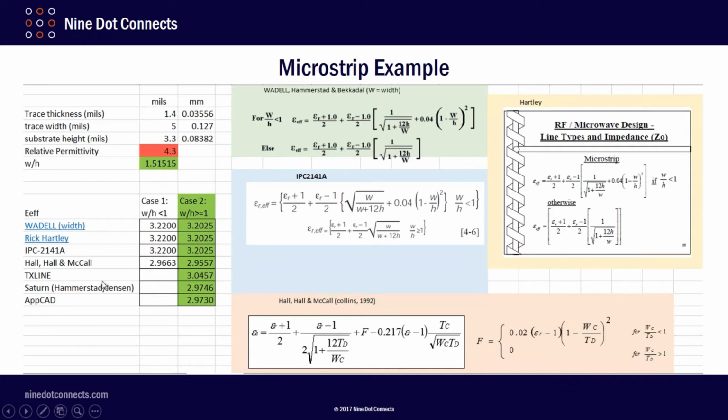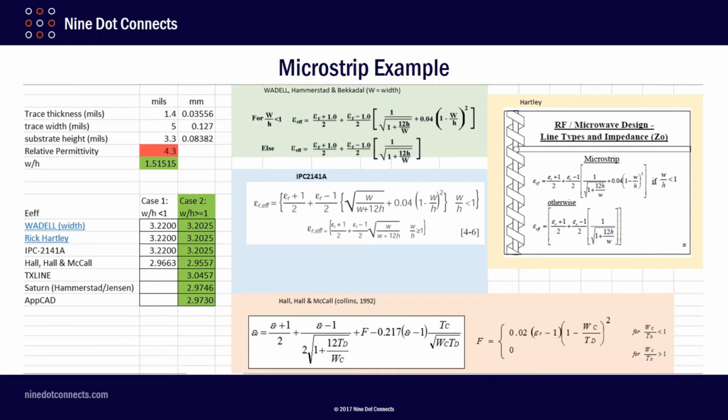And then if you use some common online calculators like TXLine, Saturn, and AppCAD, what they show as the effective permittivity. So there's quite a variation in there. So the question is, how does that impact me as far as based on which one I use?